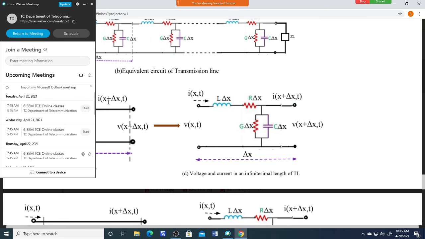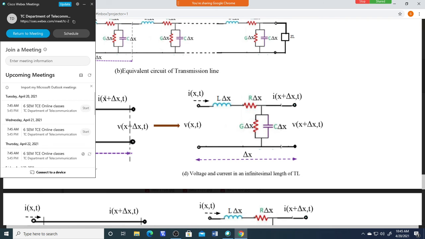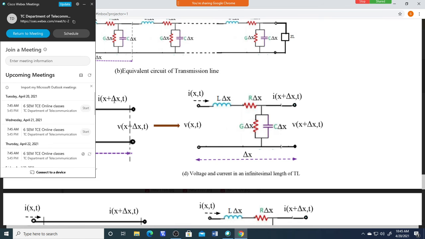We don't know. What is the current at x plus delta x after traveling this distance? We don't know, so simply keep it as I of x plus delta x. At the entering point it is I of x comma t, and traveling a distance delta x means the current is I of x plus delta x comma t.